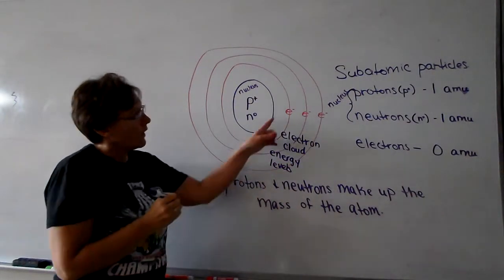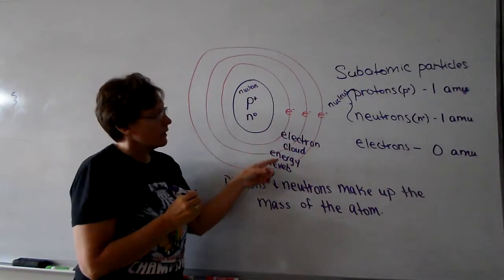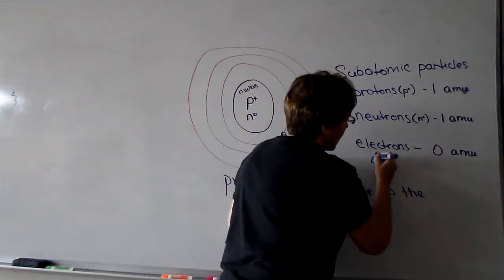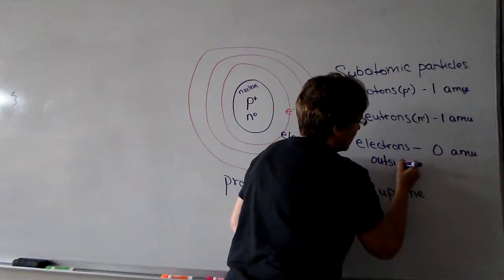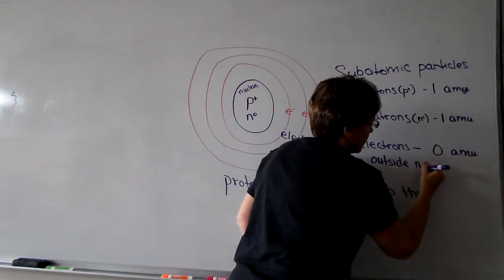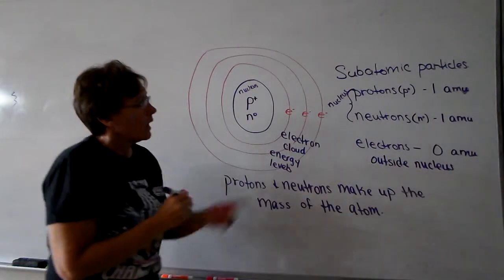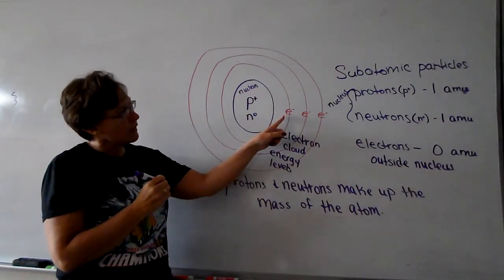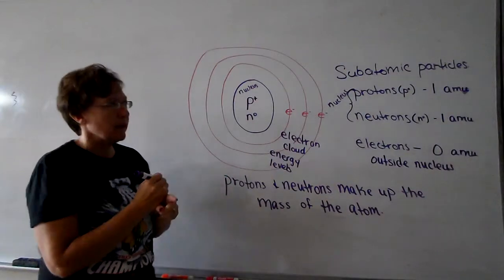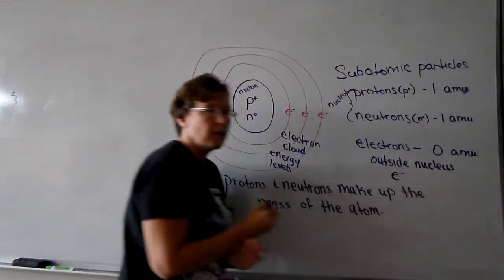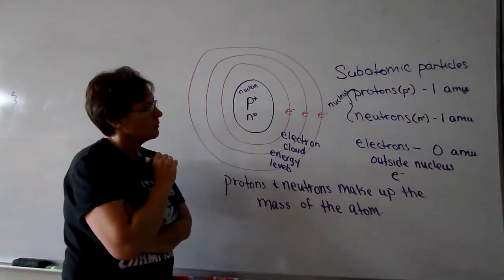Okay, so our electrons are found in the electron cloud, or energy levels, outside of the nucleus. Okay? And notice that I've abbreviated electron with a little negative sign. That's because electrons have a -1 charge.